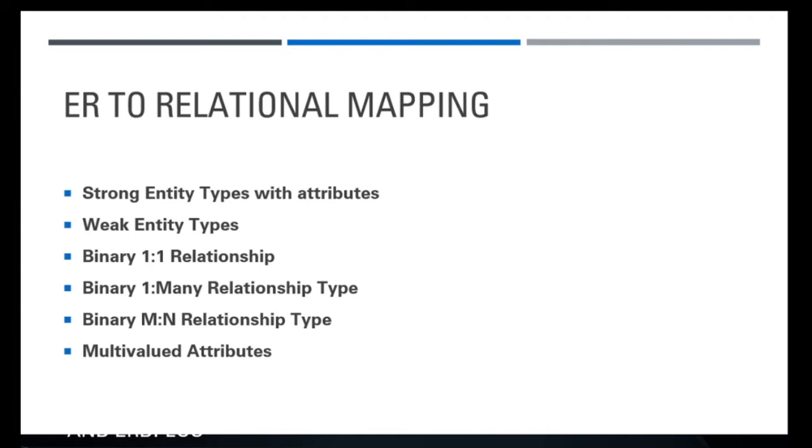Next is the binary many-to-many relationship type. And the last one is the multi-valued attributes. Some of these steps might not be applicable to an entity relationship diagram. So let's see what steps are applicable for our entity relationship diagram.